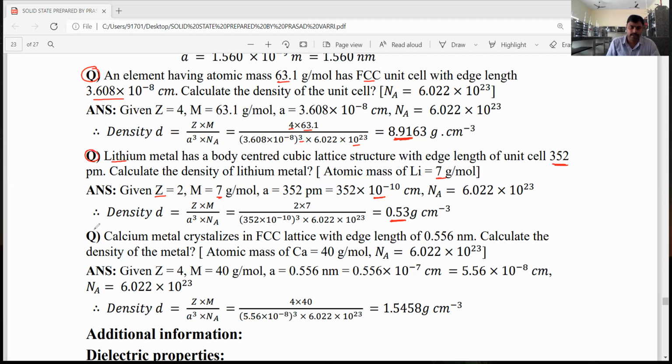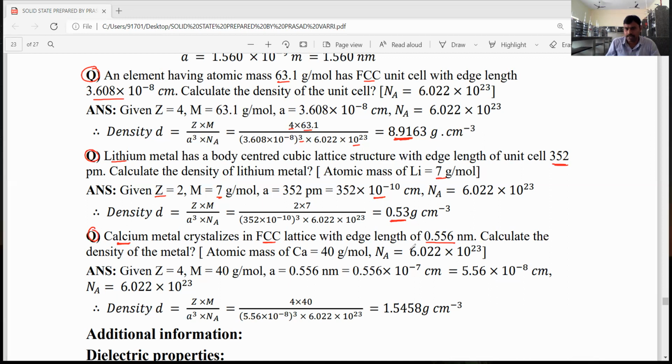Okay, the next important question is also the same model, density related only. Calcium metal, M is equal to 40, crystallizes in an FCC lattice structure with edge length 0.556 nanometers. Calculate the density of the unit cell.